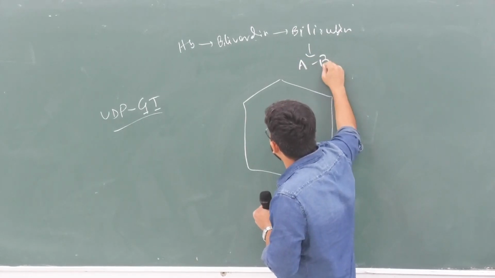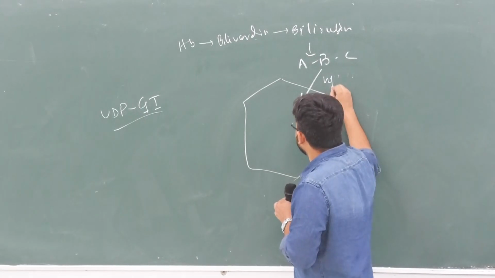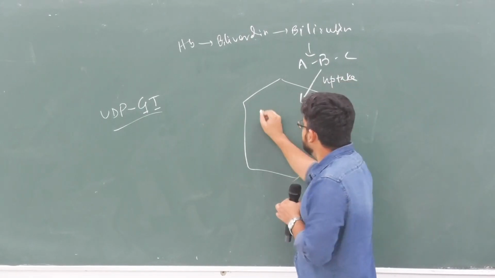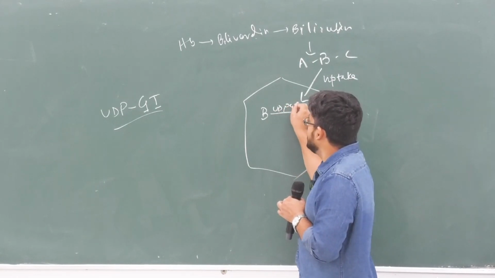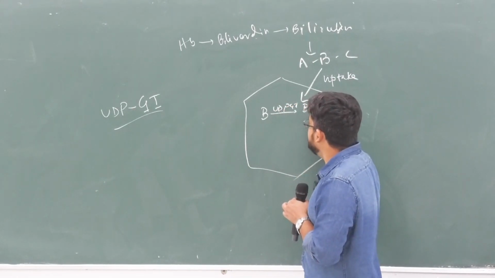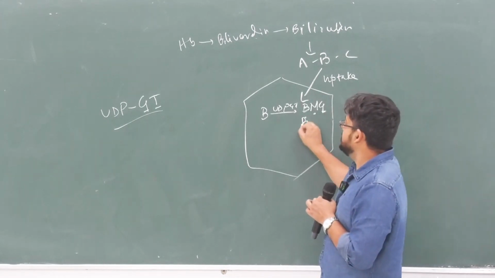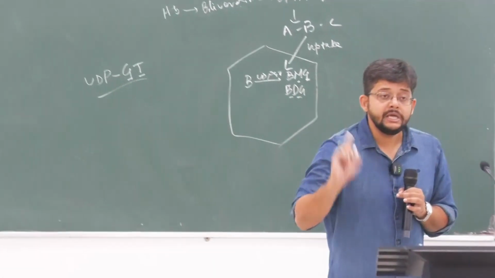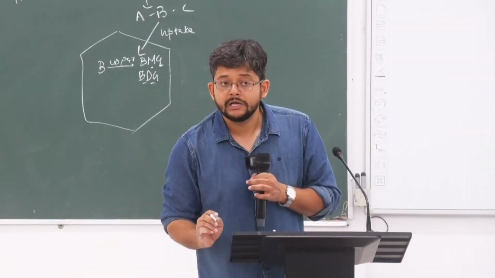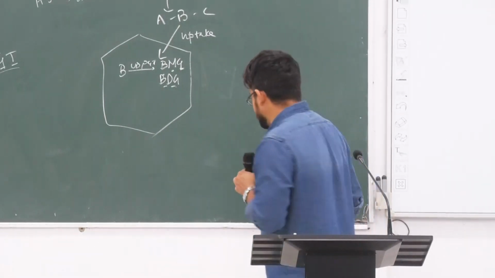Bilirubin forms the albumin bilirubin complex, which goes inside the liver, and inside the liver UDPGT works and forms two complexes. One is BMG, bilirubin monoglucuronide. The second one is BDG, bilirubin diglucuronide. These BMG, BDG are conjugated bilirubin. Now what happens?